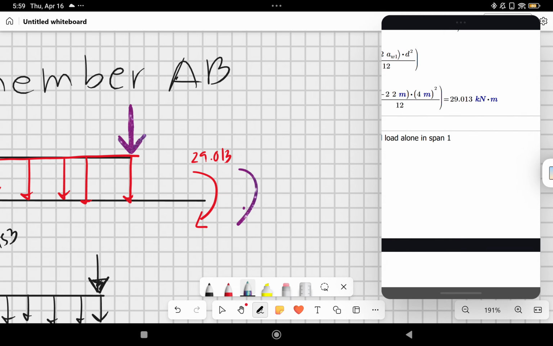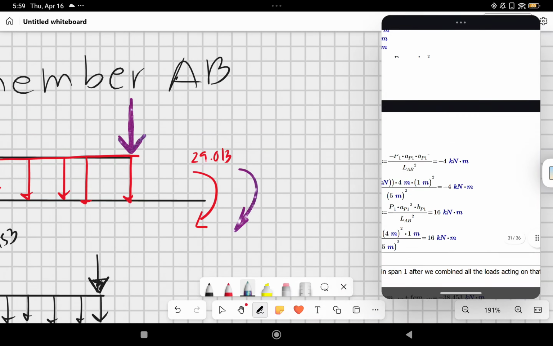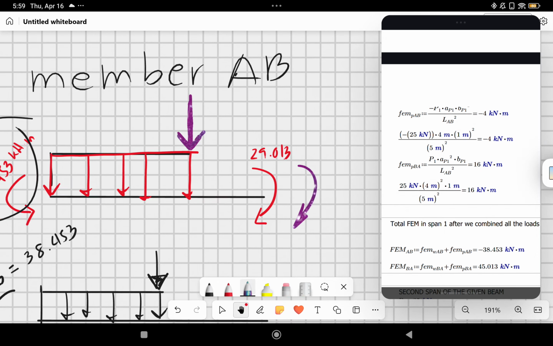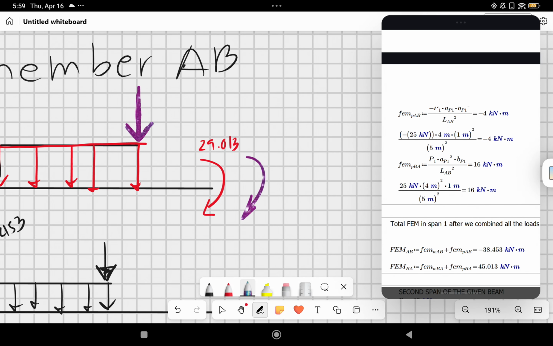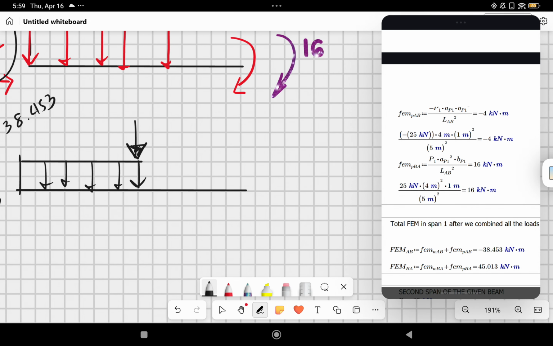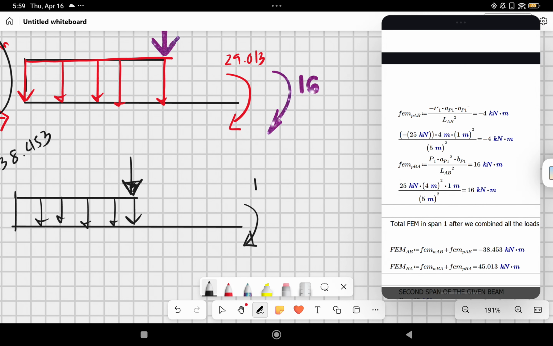And dun naman yung contribution ni concentrated na compute natin. So PA squared B na siya. Now yung nagkaroon na ng squared is si A over L squared, that is 16. So pag-add lang natin yon, 29.013 plus 16, that is FEM BA.